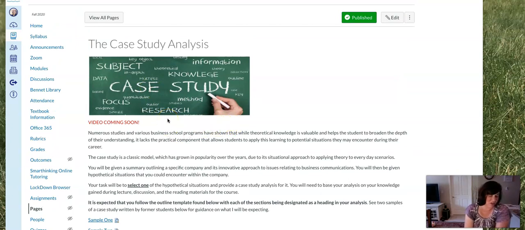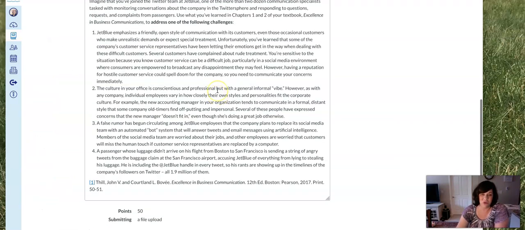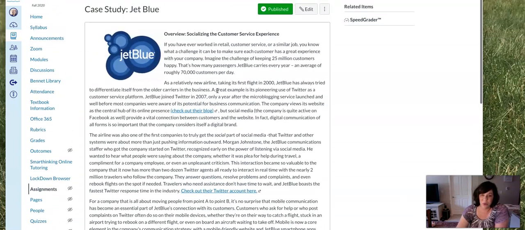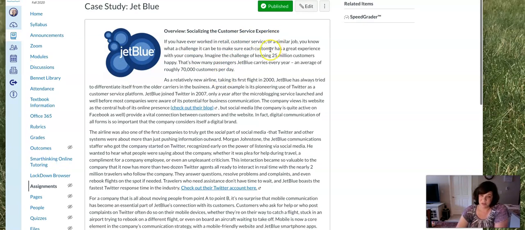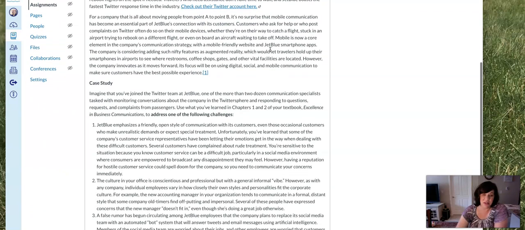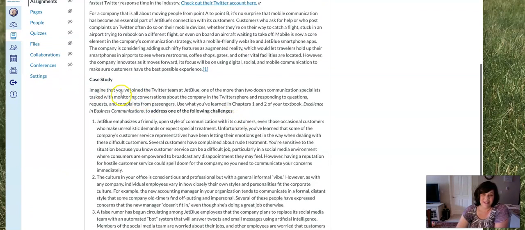Again, I just want to reiterate that you are taking on a hypothetical situation. For the JetBlue one, you are going to act as a customer service representative. Let's look really quickly at what it says under the case study. It says, imagine that you've joined the Twitter team at JetBlue, one of the more than 24 communications specialists tasked with monitoring conversations about the company.